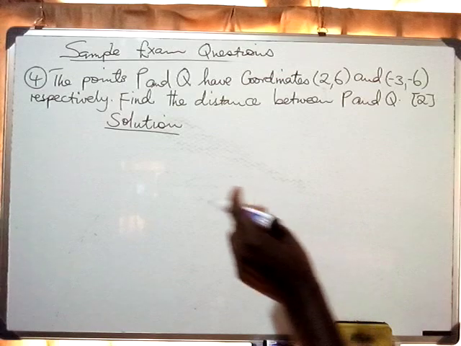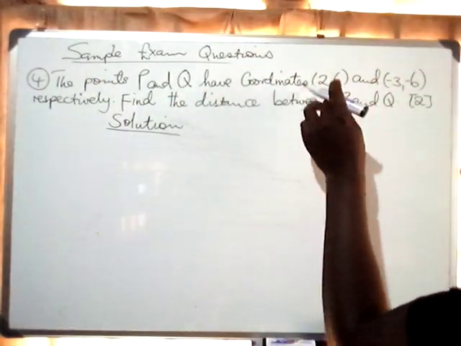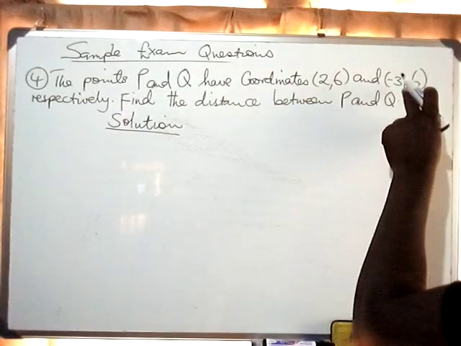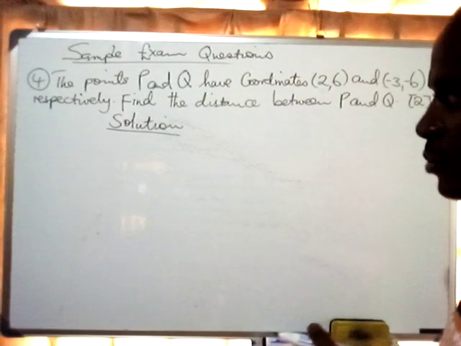Another question. The points P and Q have coordinates (2, 6) and (-3, -6) respectively.